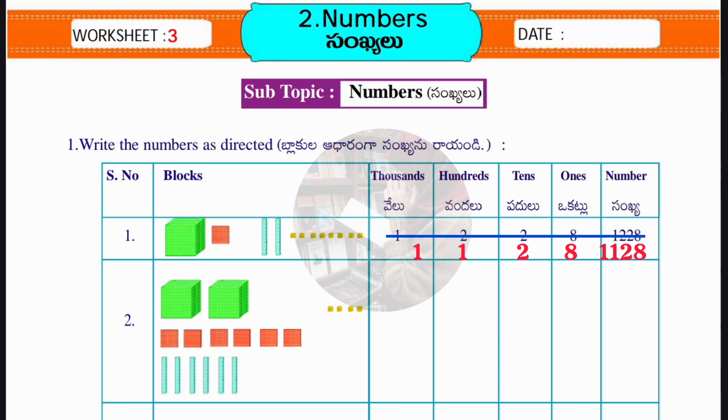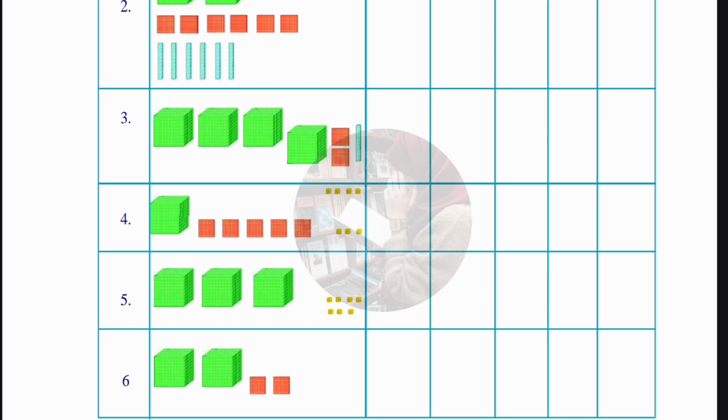Now we'll move to the second one, where 2 blocks are given, so I write down 2 under thousands. Next 6 squares are given, so I write down 6. Then 6 sticks are given, write down 6. Then 4 dots are given, write down 4. So the number is 2664.